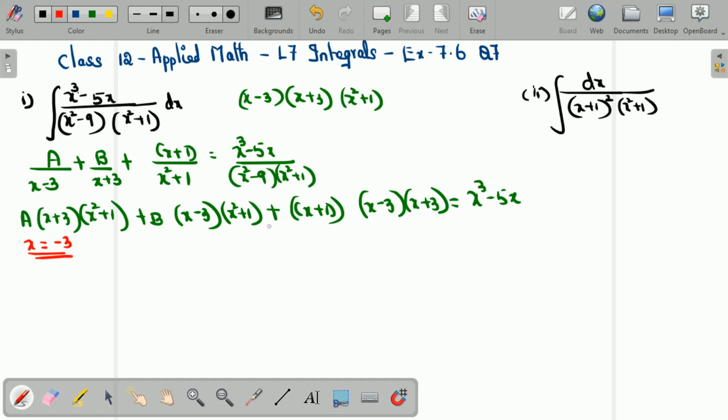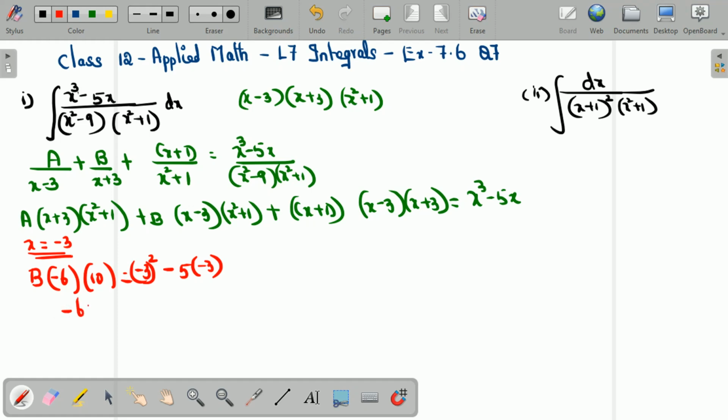The A term will vanish. The entire C and D term will vanish because this is equal to 0. So this also will be equal to 0, so only B will be left. B into minus 3 minus 3 is minus 6, into minus 3 the whole square is 9, 9 plus 1 is 10, is equal to minus 3 the whole cubed minus 5 into minus 3.